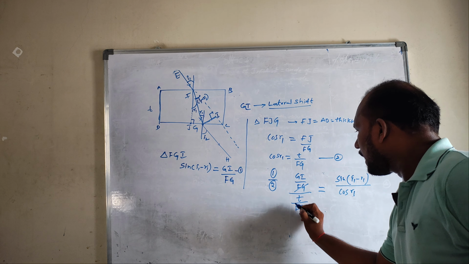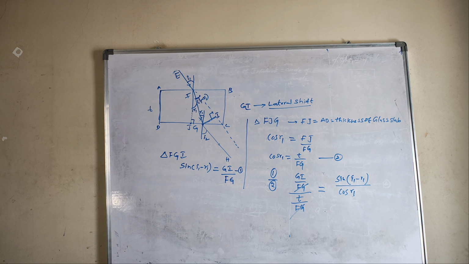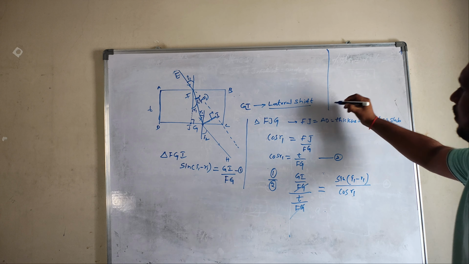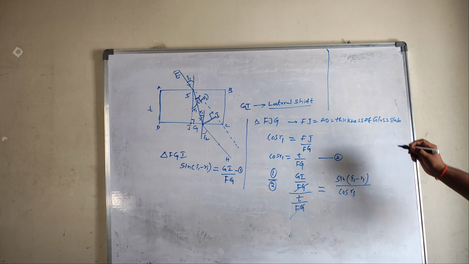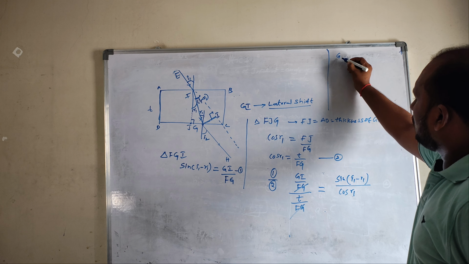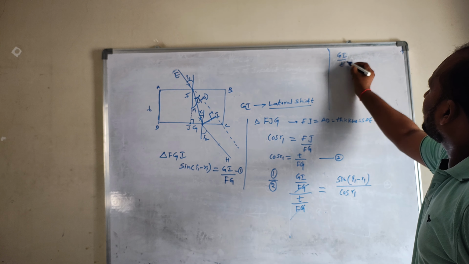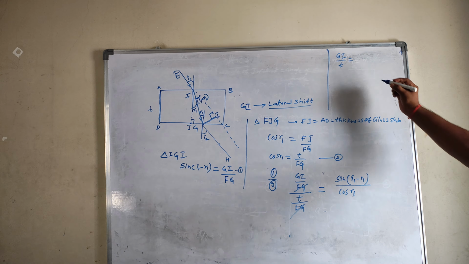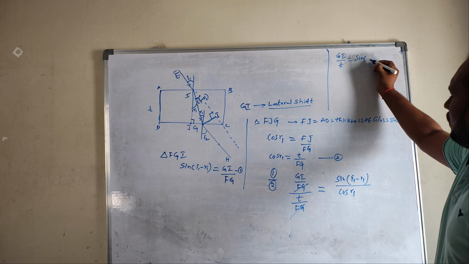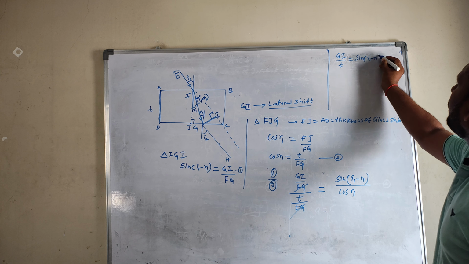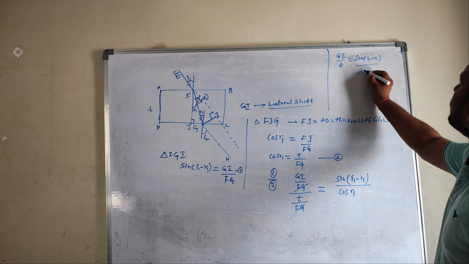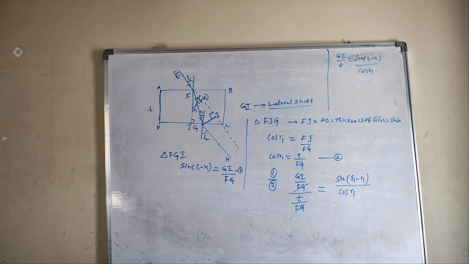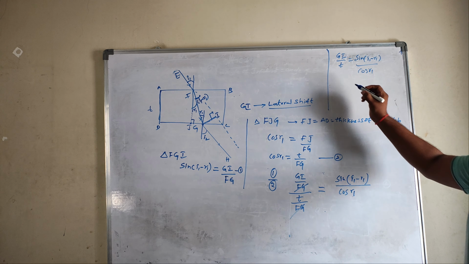Now this FG cancels. So GI by T is equal to sin I1 minus R1 by cos R1.